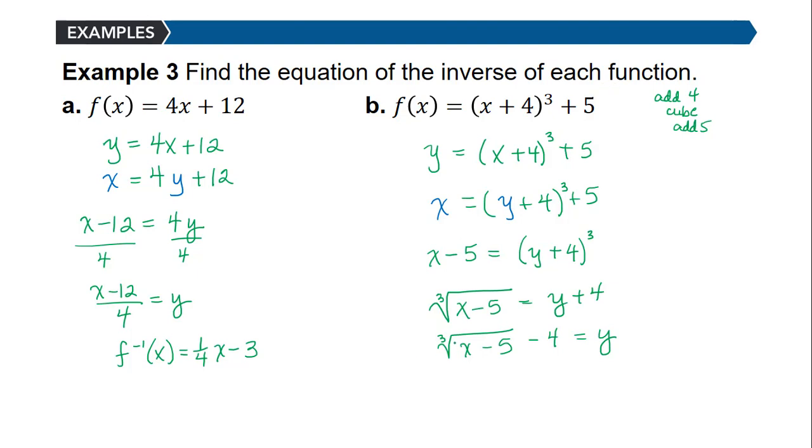Notice that this inverse operation says that we take a number x, we subtract 5, then we take the cube root, and then we subtract 4. And that is exactly the reverse of what the original function did to an input value. So f inverse of x is equal to the cube root of (x minus 5) minus 4.